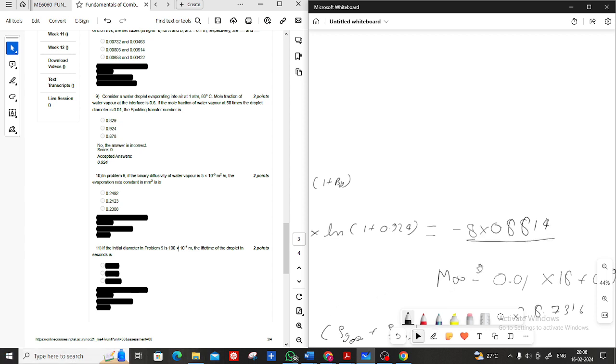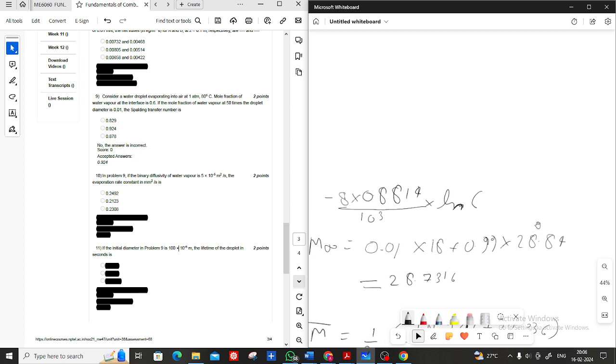upon the density of liquid. What is this? Liquid. Please someone tell me the density of water. 1000. Yeah. Into ln 1.924.